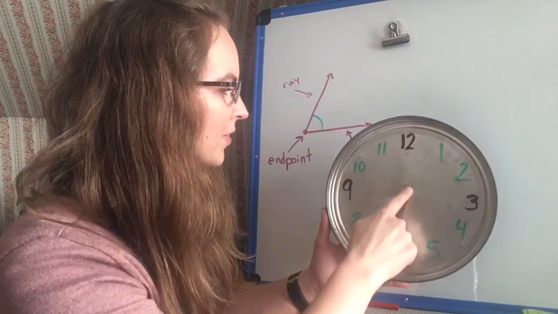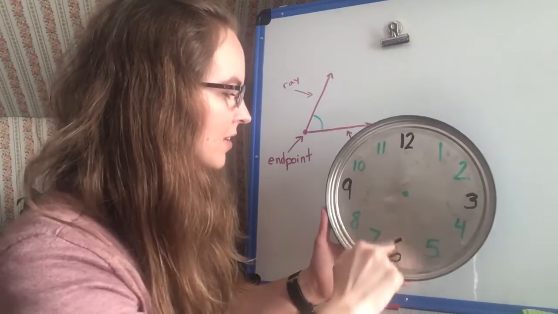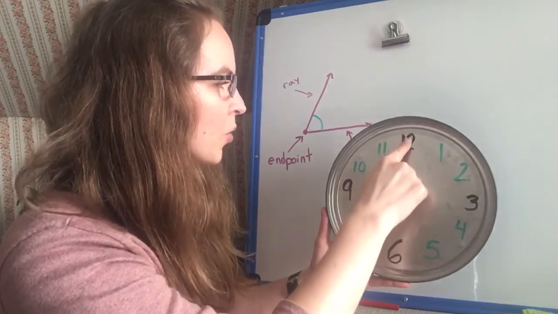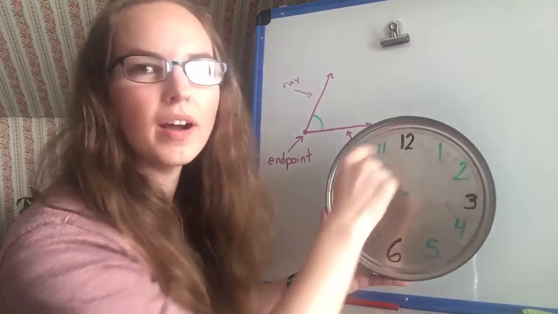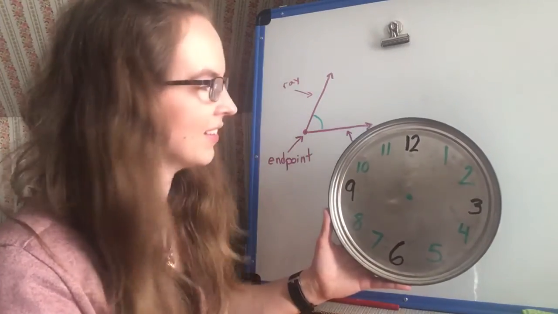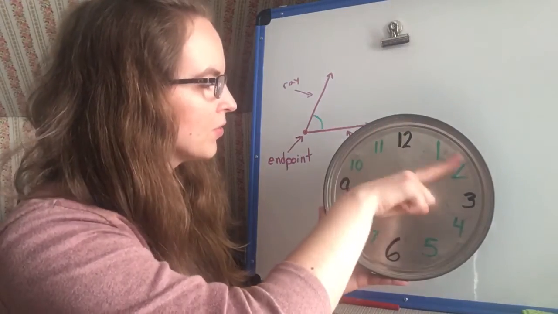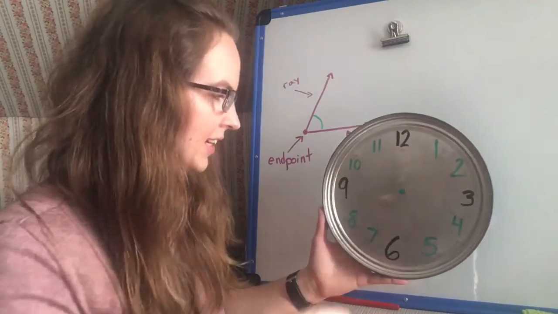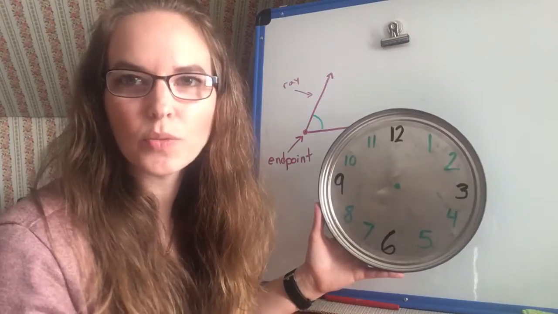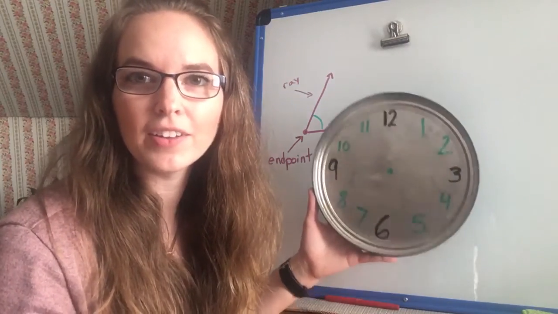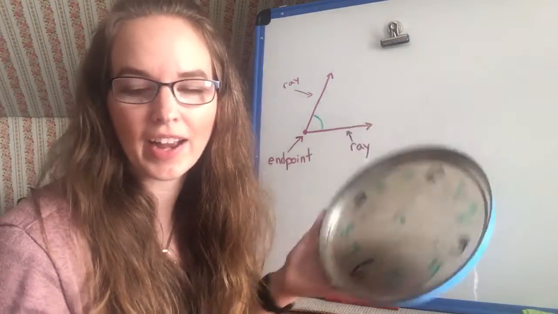So we have 12 o'clock, 3, 6, 9, and a quarter turn is like 1/4 of that clock. Half of the clock, and then the full would be the full 12 hours passing. So just one way to think of the turns of the angle is to picture a clock in your head.